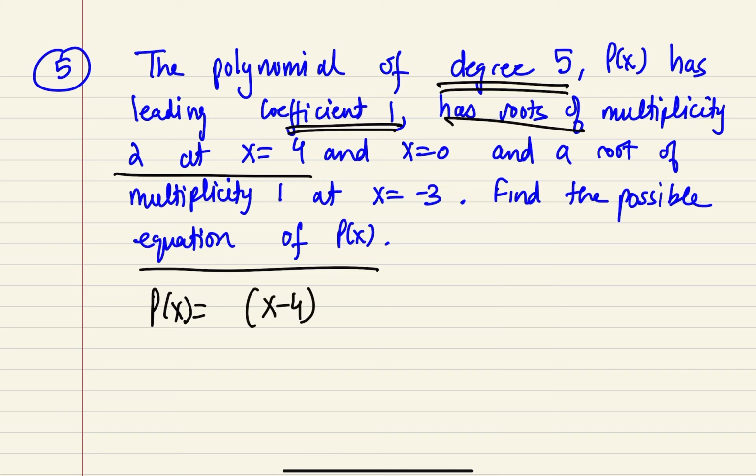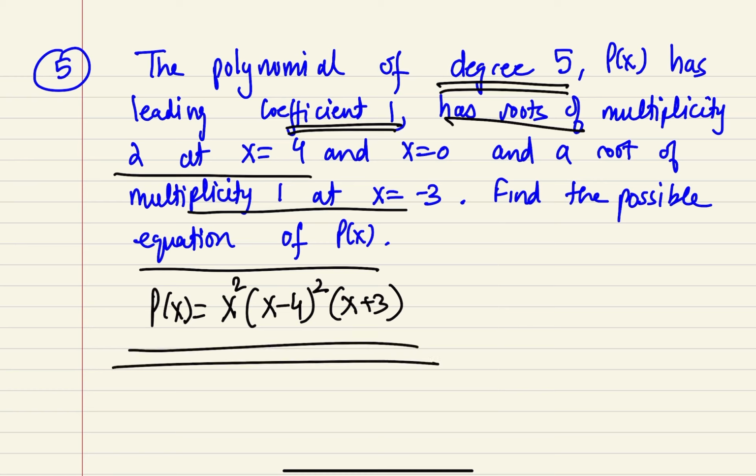So x minus 4 will be a factor, squared, and x equals 0 is also a root of multiplicity 2. That means I'm going to have x squared in there, or x minus 0 squared, whatever we want to call it. It's better to call it x squared because x minus 0 is still x. And a root of multiplicity 1 at x equals negative 3. If x equals negative 3 is a root, that means x plus 3 is a factor.